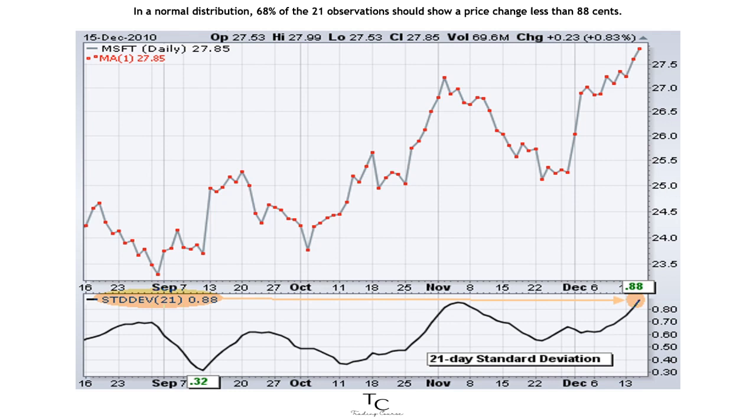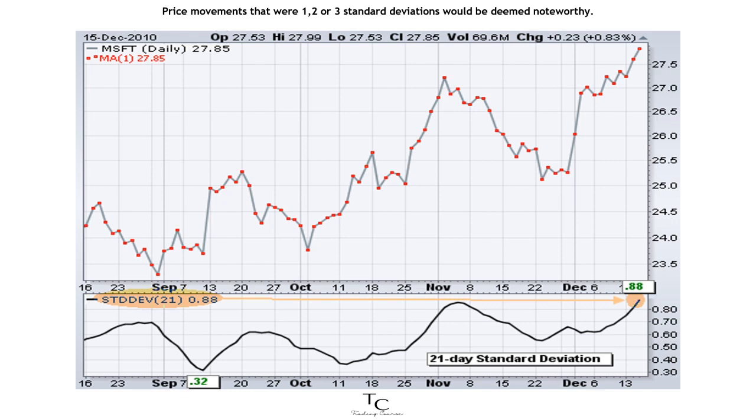In a normal distribution, 68% of the 21 observations should show a price change less than 88 cents. 95% of the 21 observations should show a price change of less than 1.76, which is 2 times 0.88 or 2 standard deviations. 99.7% of the observations should show a price change of less than 2.64, which is 3 times 0.88 or 3 standard deviations.